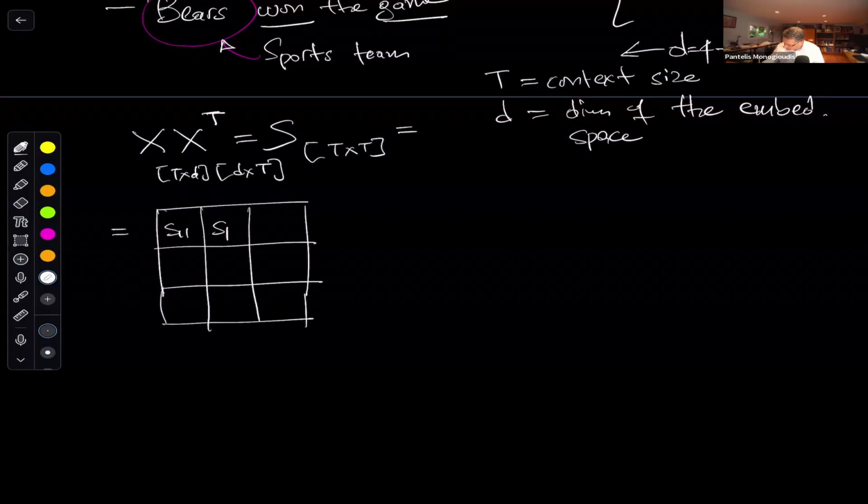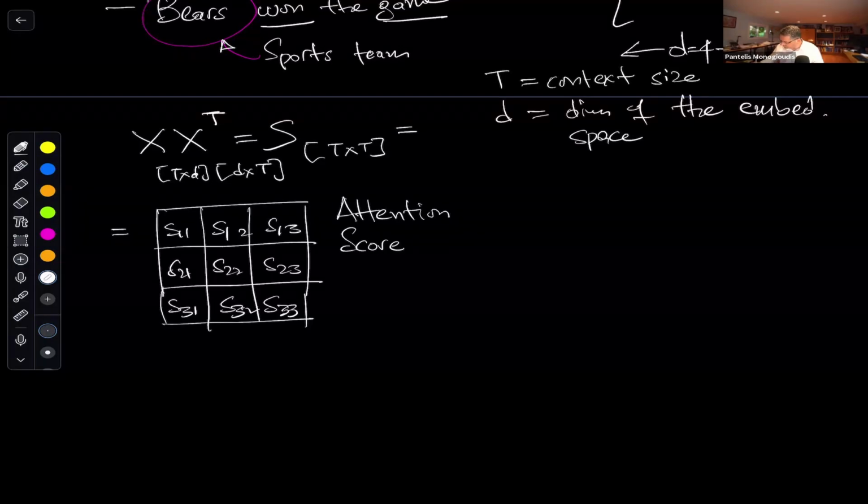So if I write it down quickly, S33 here, these are called the attention scores. And obviously, as we remember from any dot product, these numbers could be either positive or negative, because vectors may be pointing towards each other, vectors may be pointing opposite to each other, and therefore their dot products could be either positive or negative numbers.